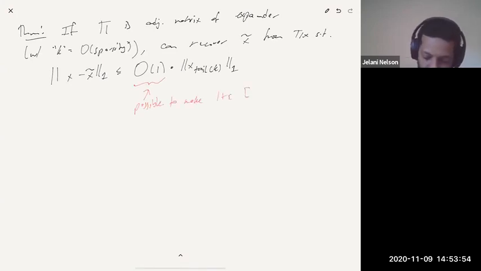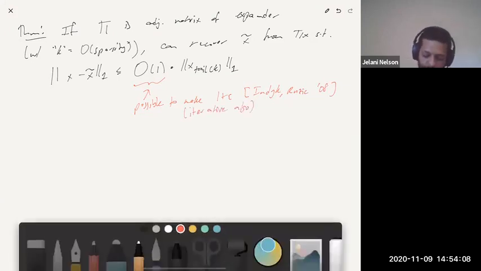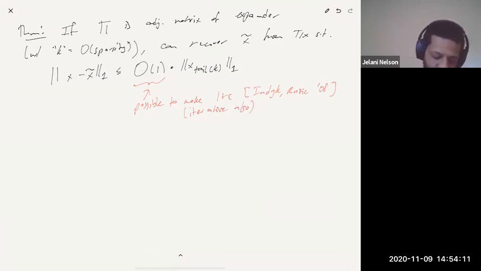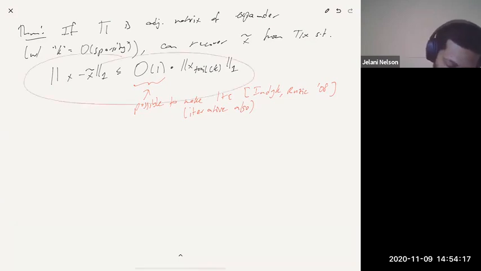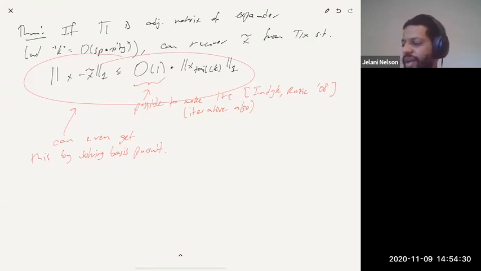And that was due to Indyk and Ruzic in 2008. This was an iterative algorithm. And in fact, you can even achieve this with basis pursuit. But again, there are also iterative algorithms that are faster than solving basis pursuit.